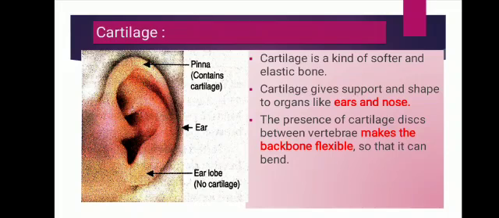You might have done this also, that the earlobe is softer than the pinna. This is because cartilage is present in the area of the pinna, and cartilage gives support and shape to the ear and makes it flexible. That is why we can bend the pinna of our ear quite freely without the danger of breaking.